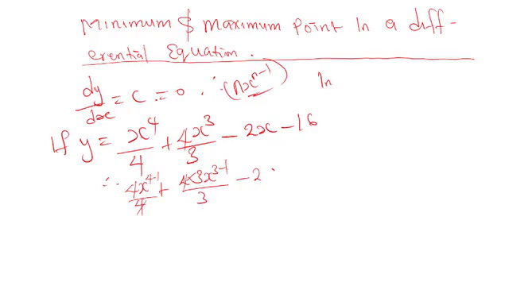So 4 goes with 4, and this 3 takes off this 3. We now have x^3 plus 4x^2 minus 2. So this becomes the equation that we are considering at this point. So we have dy/dx equal to this.